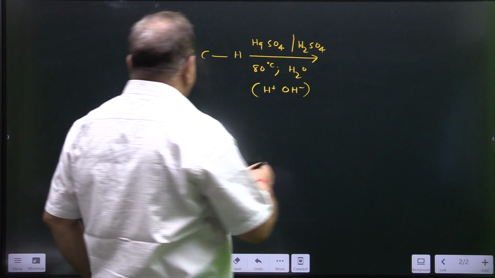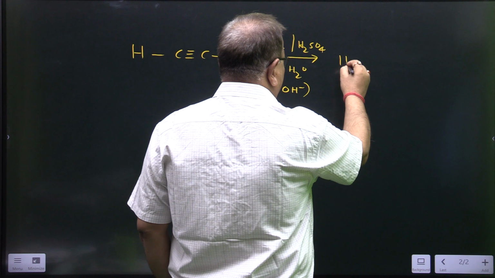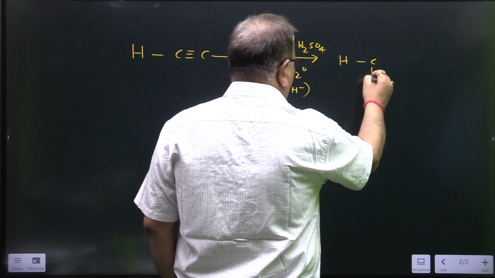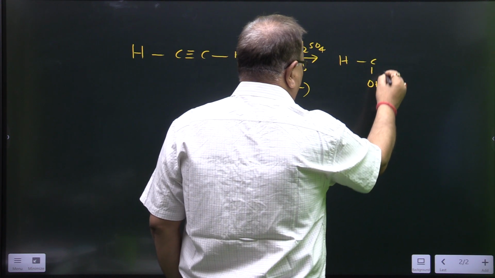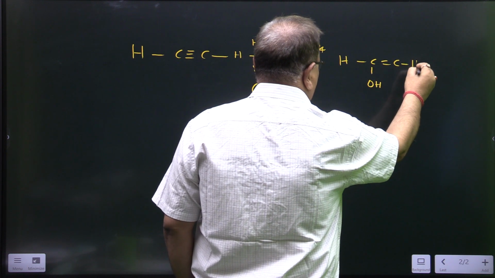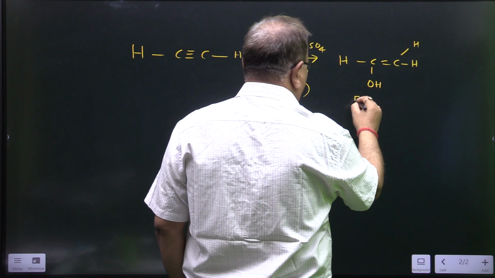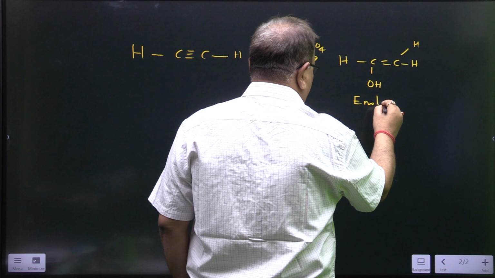So as per Markovnikov's rule, we get C-OH and a double bond CH and then H. It is the enolic form.